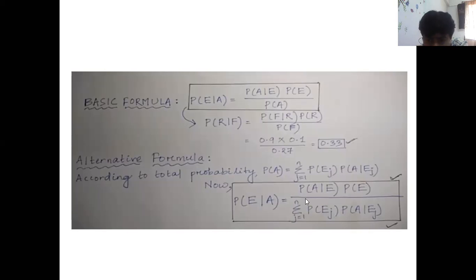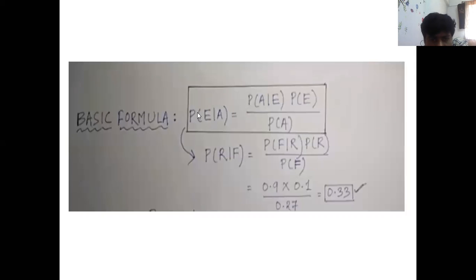The summation over the total number of events will give the result for the probability of A. If we put this formula here, it looks like this. This is the alternate way. We apply it when the probability of A is based on a number of events, not only on one event.